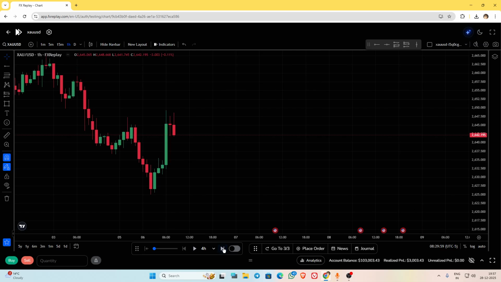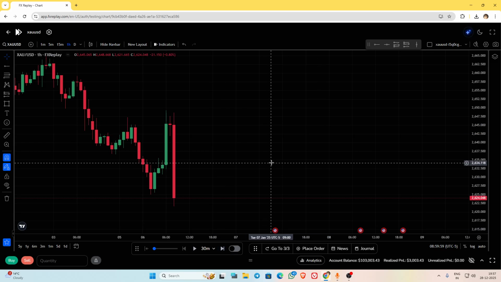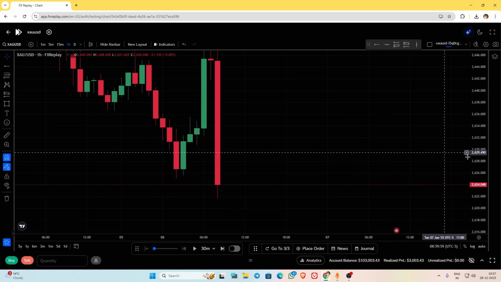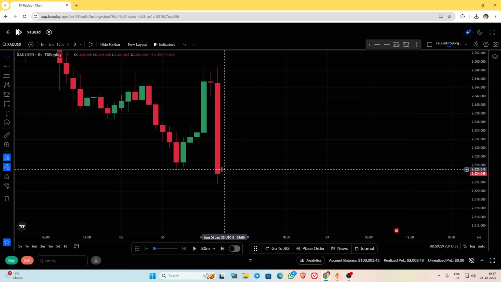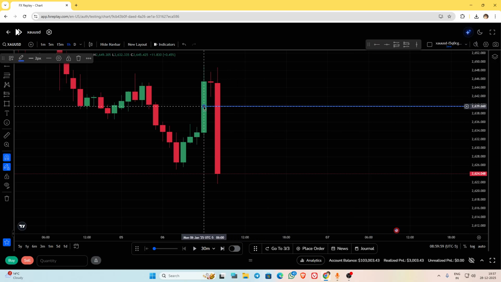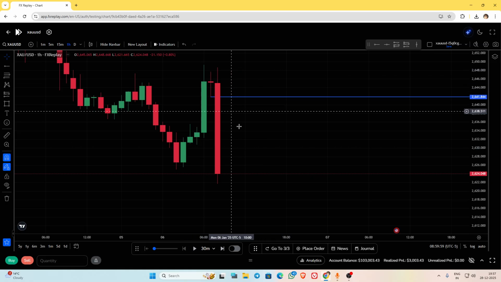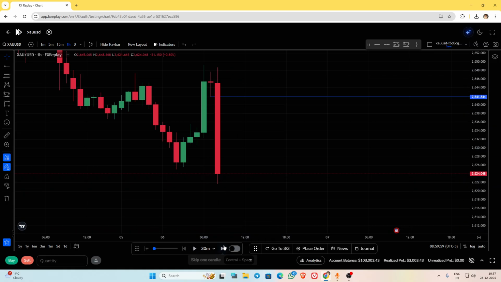9 a.m. open. Okay, so here we are, 9 a.m. opened, but the point of interest is above, you can see the 7 a.m. candle, the 8 a.m. closed below the 7 a.m. candle, but the 7 a.m. point of interest is far from the current price, so we'll wait.